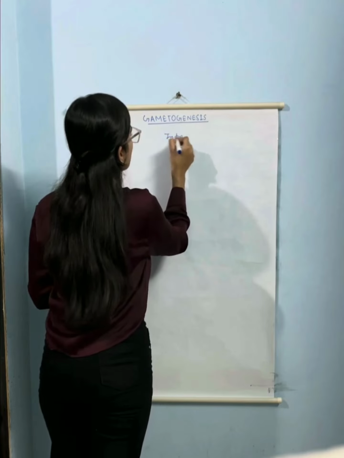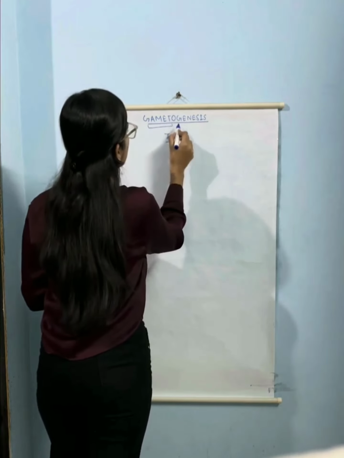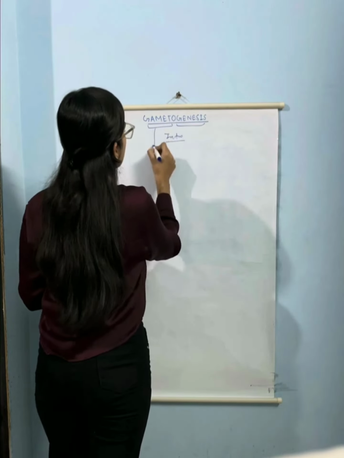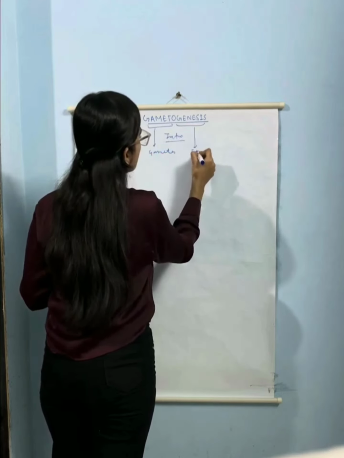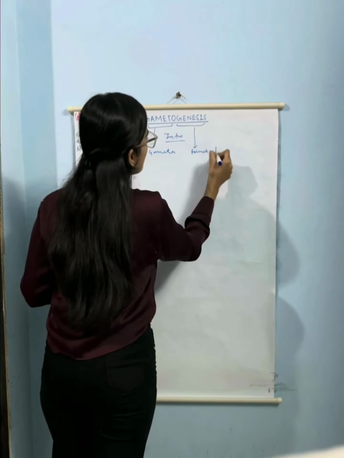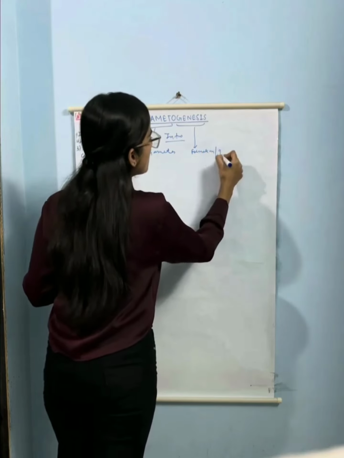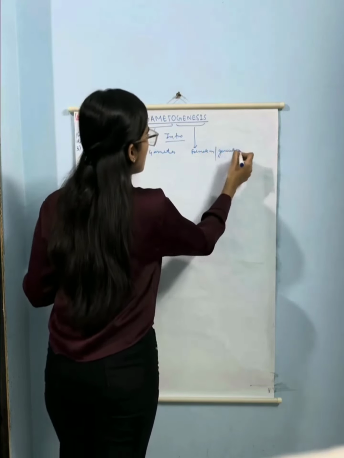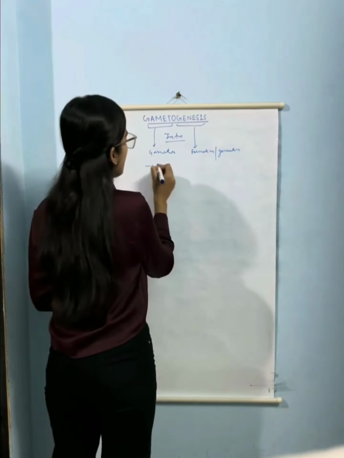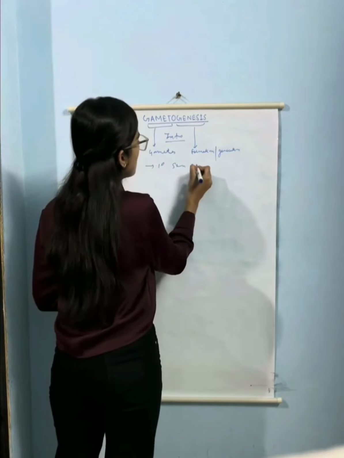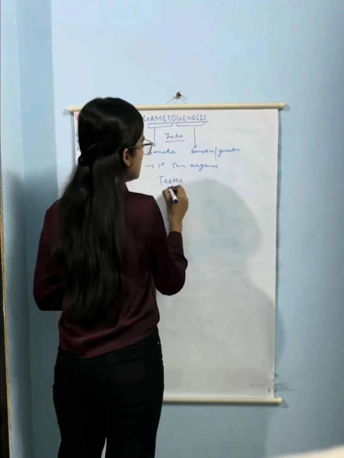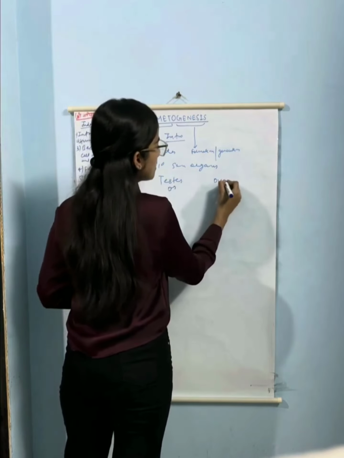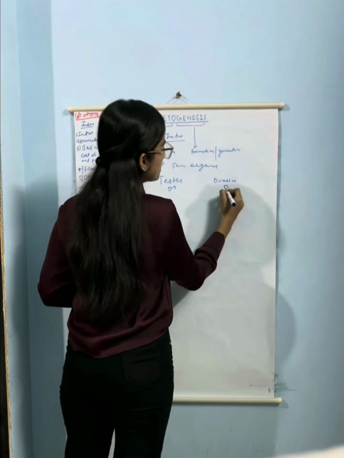So what is gametogenesis? You can see that it is made up of two words, gametes and genesis. Genesis means formation or generation. So formation of gametes is known as gametogenesis. It is done by primary sex organs, which are testes in case of males and ovaries in case of females.